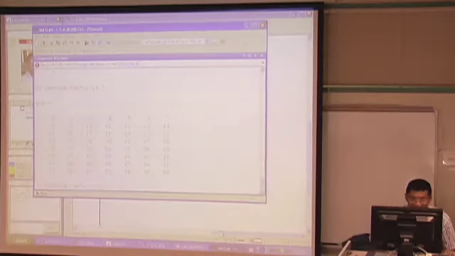GCD of, I will consider just this set. r, m plus r, 2m plus r, and then all the way up to (n minus 1)m plus r.